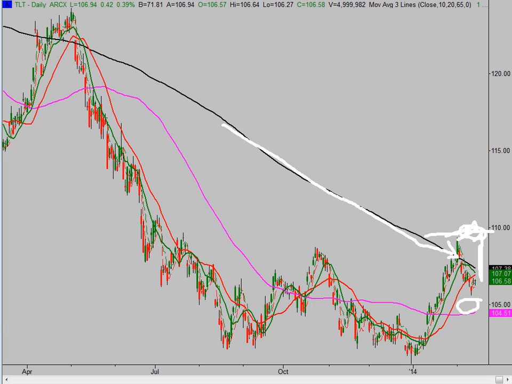All right, so that's the pattern for the bears to be hoping for or watching for, and that's the pattern to watch out for if you want to be on the bullish side and know when it's time to step back and say the bulls have just lost control here.